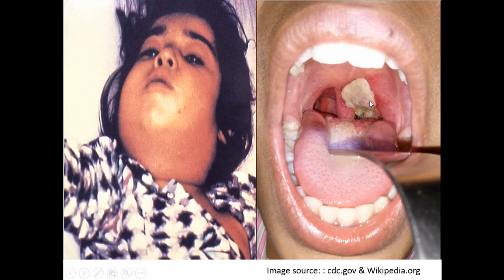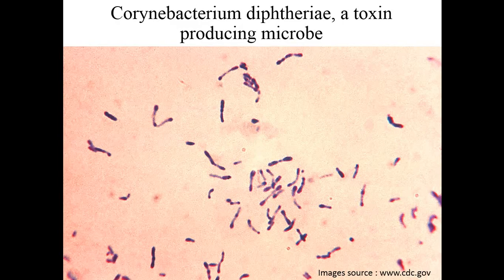It generates a leather-like membranous structure here, which is basically a collection of bacteria which are proliferating. It releases a toxin similar to Clostridium tetani, and that toxin enters blood and can influence internal organs. Unlike Clostridium tetani's toxin, which is a neurotoxin, Corynebacterium diphtheriae's toxin is a cardiotoxin, so it influences the heart. And again, it has a high fatality rate.